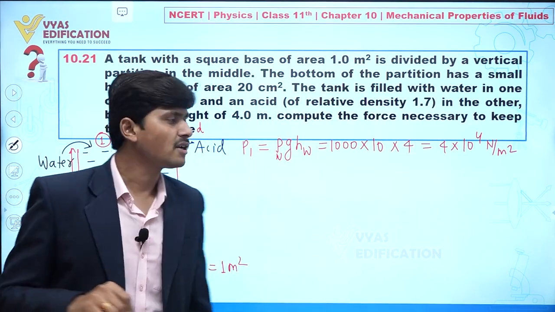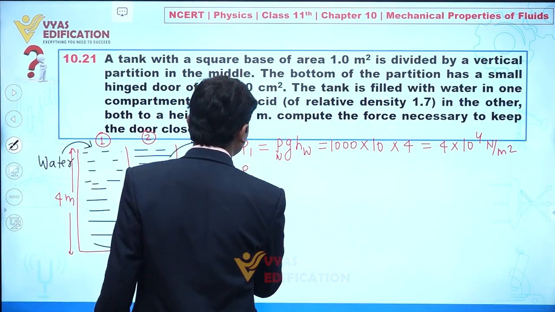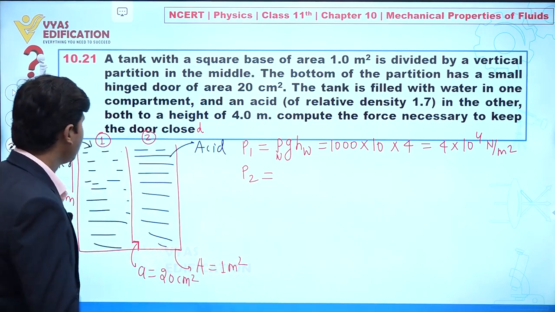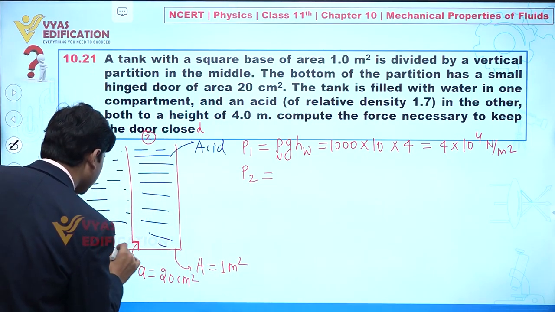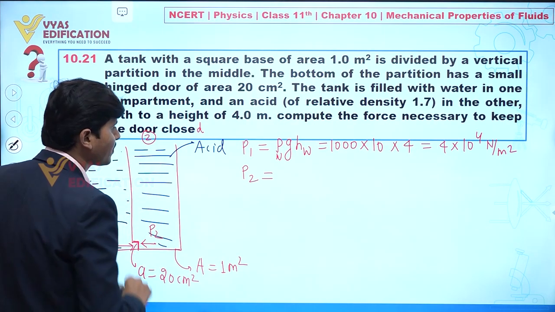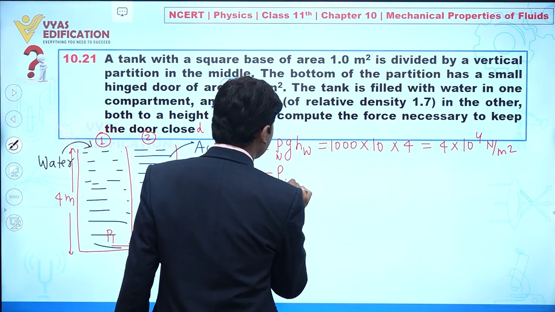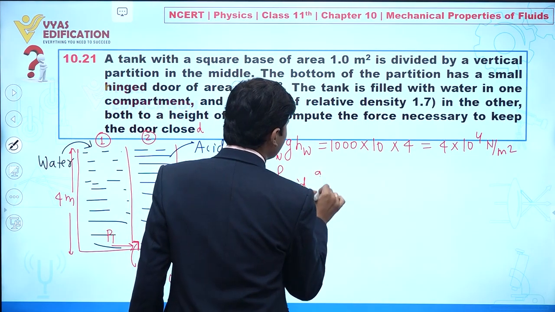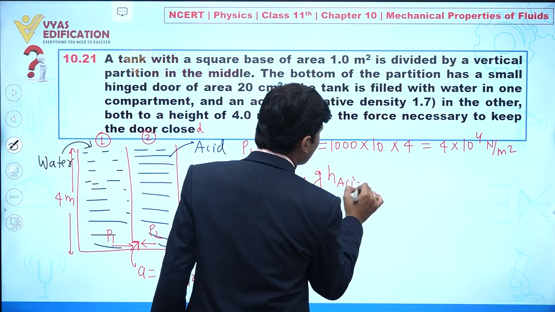Same way we calculate P2, the pressure exerted by the acid side: density of acid times g times height of the acid column.